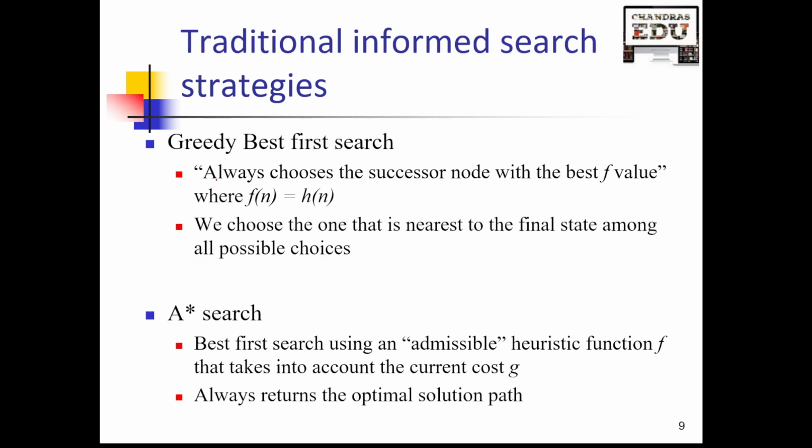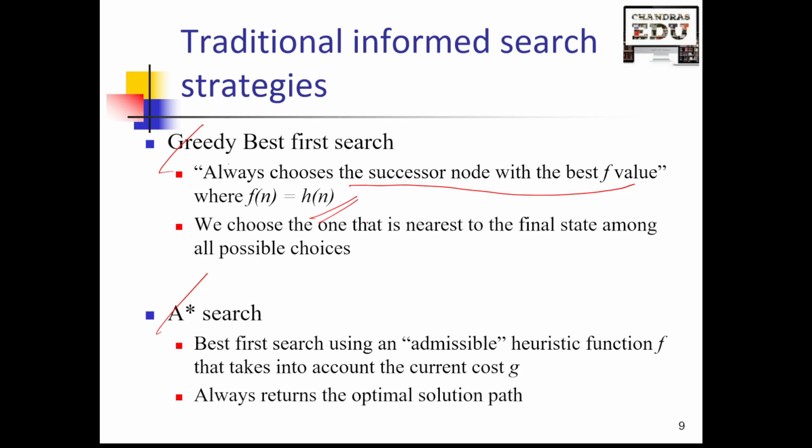Next, we have greedy best first search. This is an informed search strategy, and we also have the A star search. These are the two main informed search strategies. In greedy best first search, we always try to take h of n, that is nothing but approach 2 which we considered. Always choose the successor node with the best f value, where f value is equal to h of n.